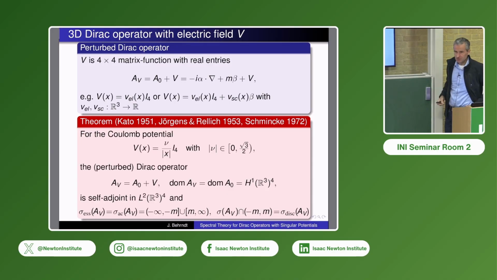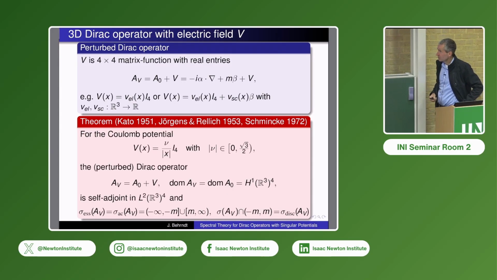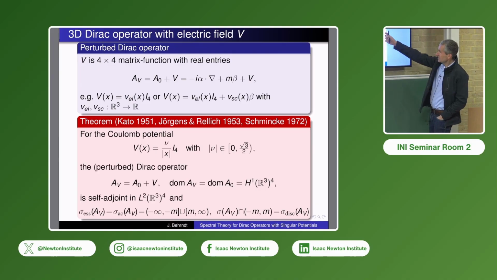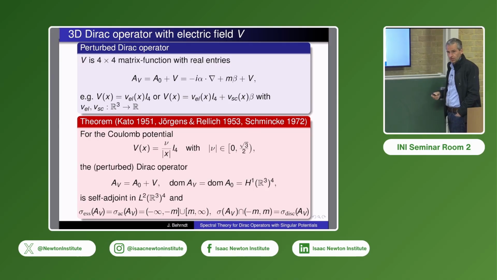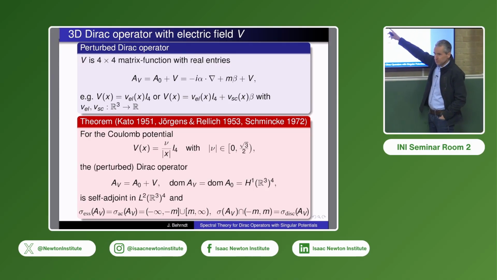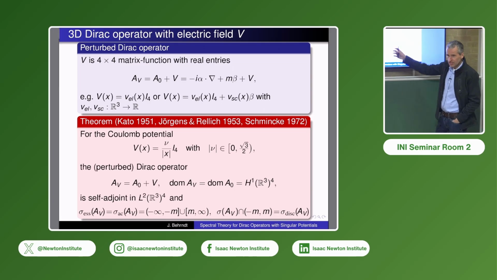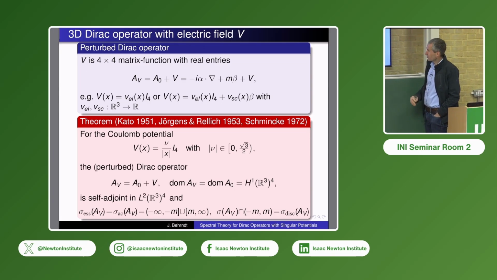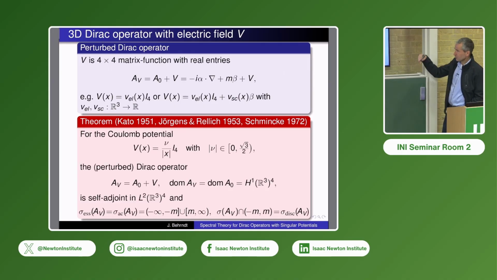It's slightly different, but basically of similar nature. This is very classic. It goes at least back to Kato, and then it was further improved. You can go a little bit beyond this constant, but then you change the operator domains, and from a certain nu onwards, you cannot define a self-adjoint Dirac operator in a unique way.